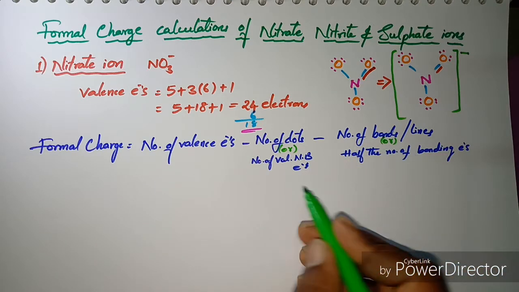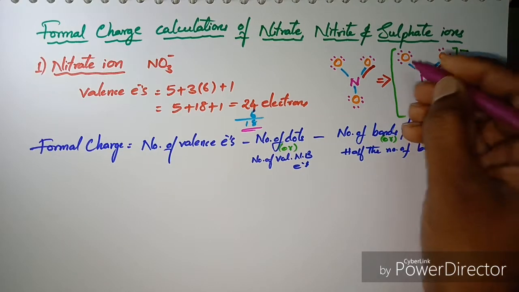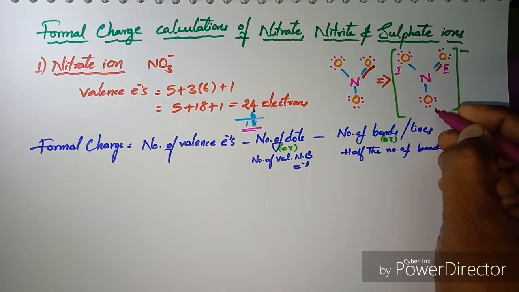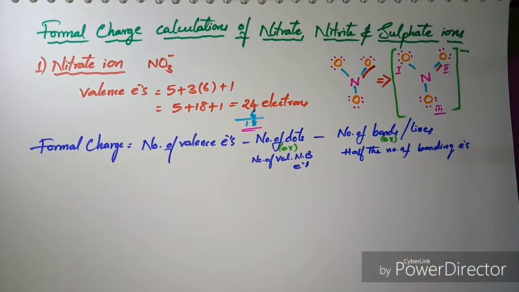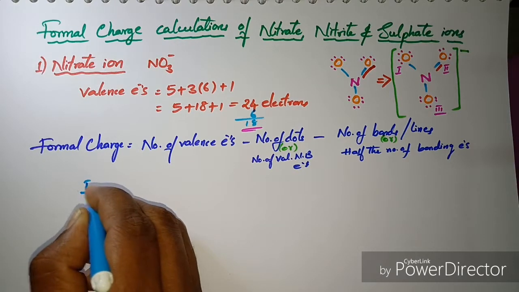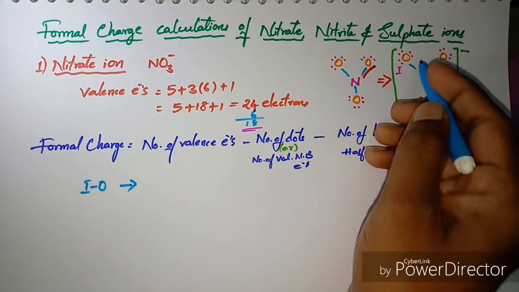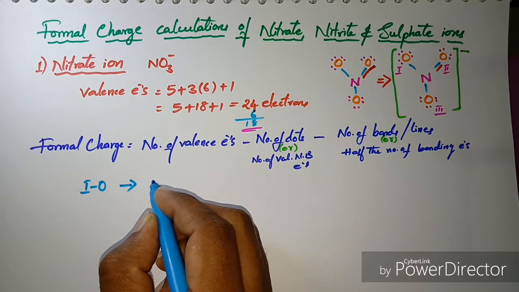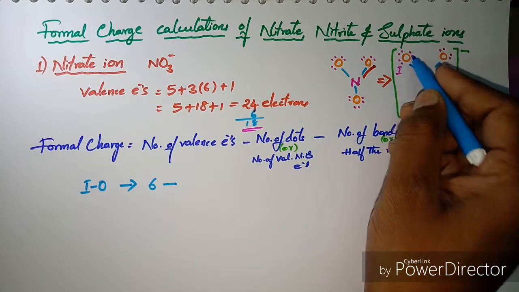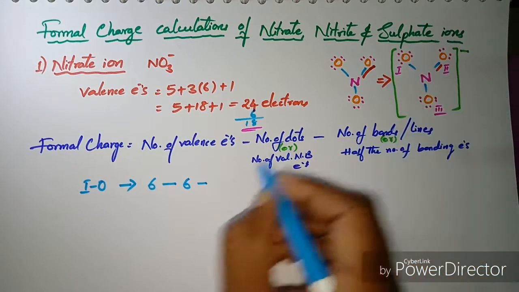Now for calculating the formal charge, let us first designate this oxygen atom. So let's call this the first oxygen atom, this the second oxygen atom, and this the third oxygen atom. Now for the first oxygen atom, let us calculate its formal charge. The number of valence electrons for this first oxygen atom, or for any oxygen atom, is 6, minus the number of dots for this first oxygen atom, which are 6, minus the number of bonds or lines it has, which is 1.